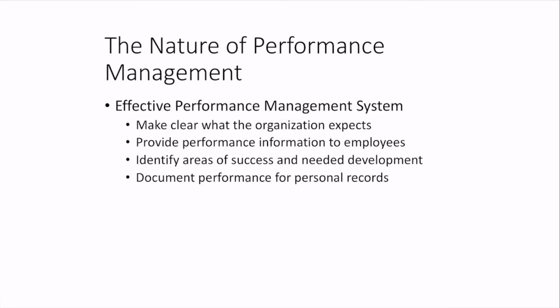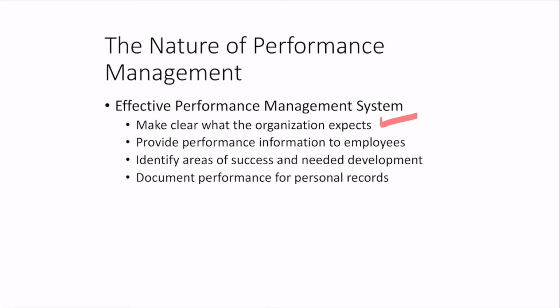Now, the nature of performance management, we see here that an effective performance management system will make clear what the organization expects. And normally this is articulated in the job analysis, the job description, in the form of the KSAOs. There may also be other types of elements as well, such as must be a team player, must be able to communicate, and so forth.